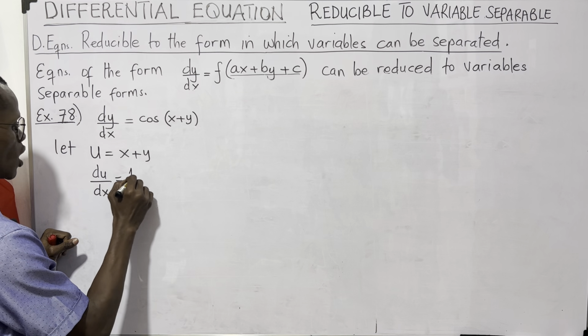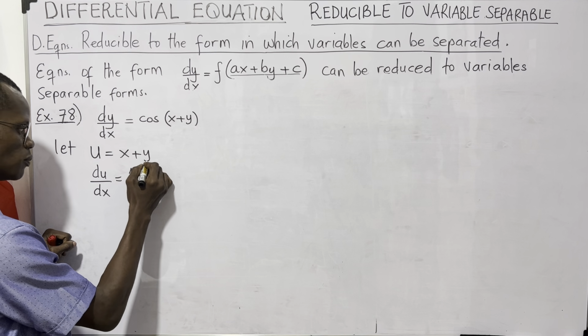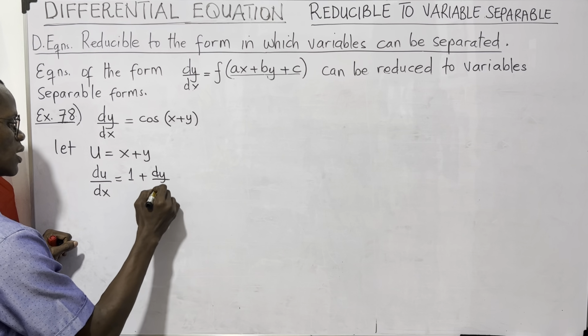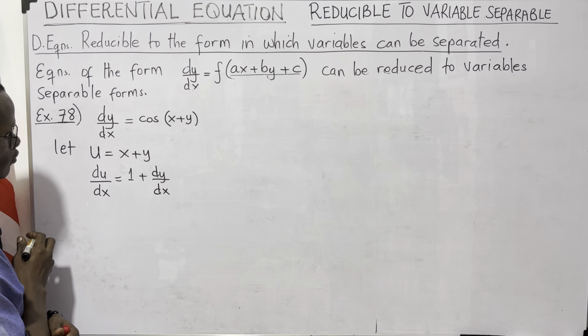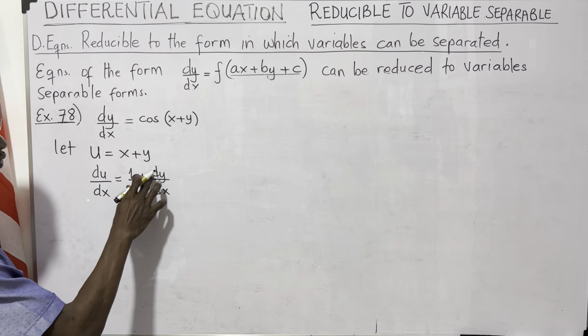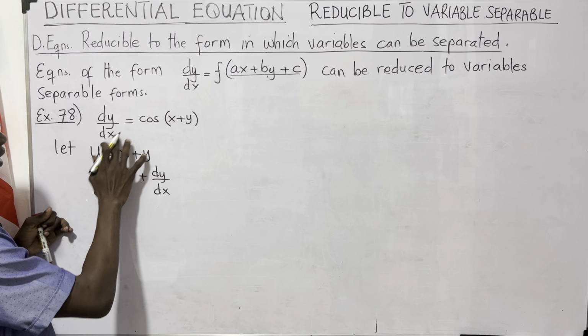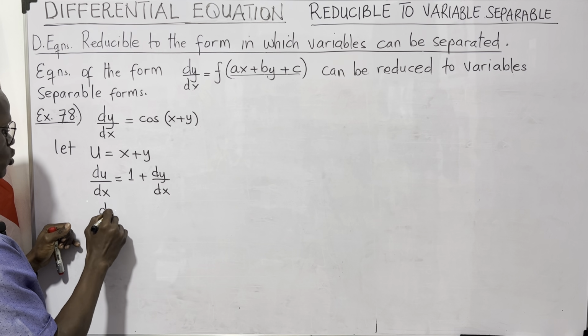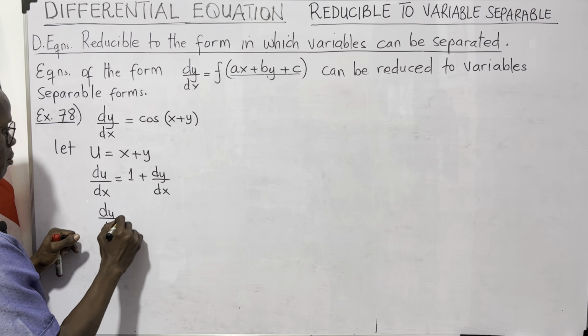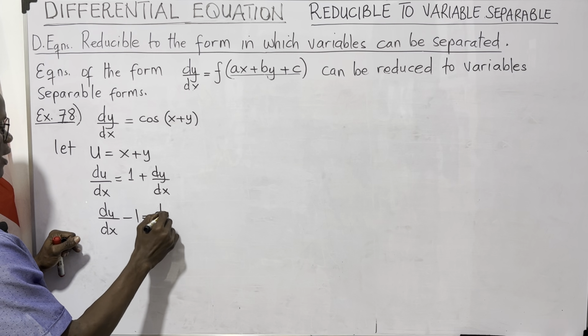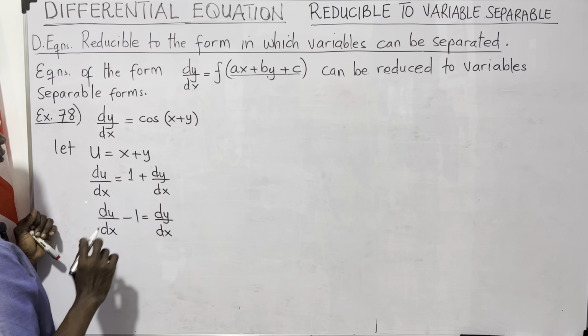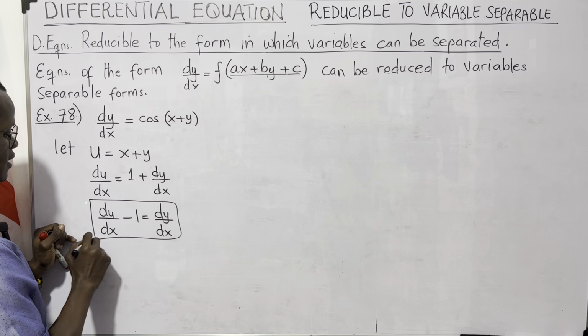This is also 1, plus this is also 1, but we attach the dy by dx. The next target is to solve for dy by dx. So du over dx minus 1 is equal to dy by dx. So we're done solving for dy by dx.